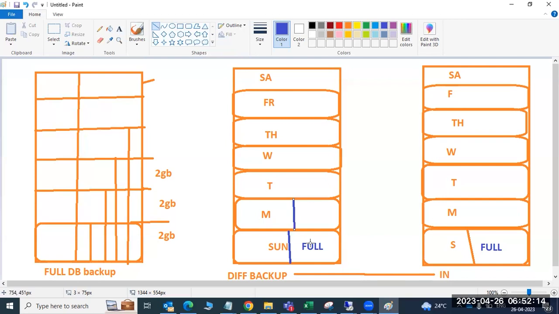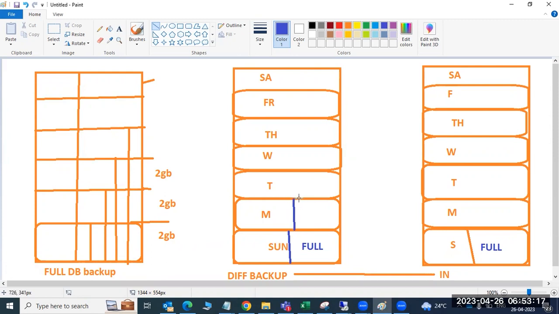So after the full backup, Sunday completed, then Monday you take the differential backup. After the Sunday backup, whatever data comes into the database, that data will be backed up.